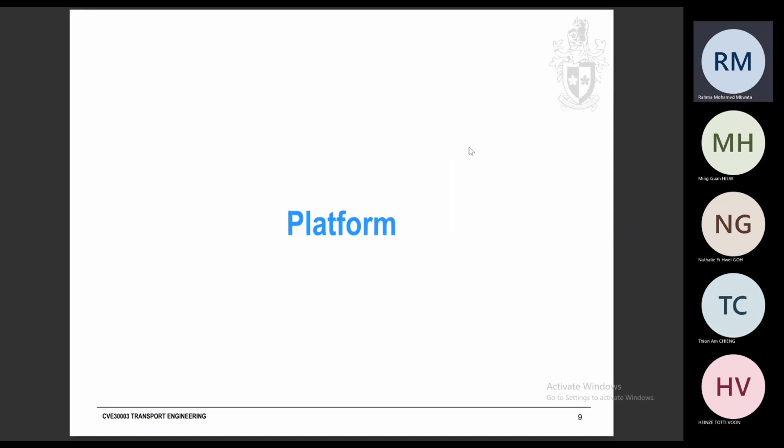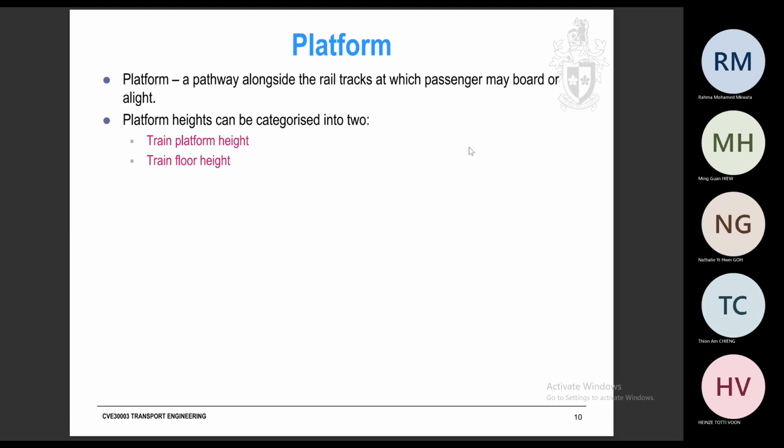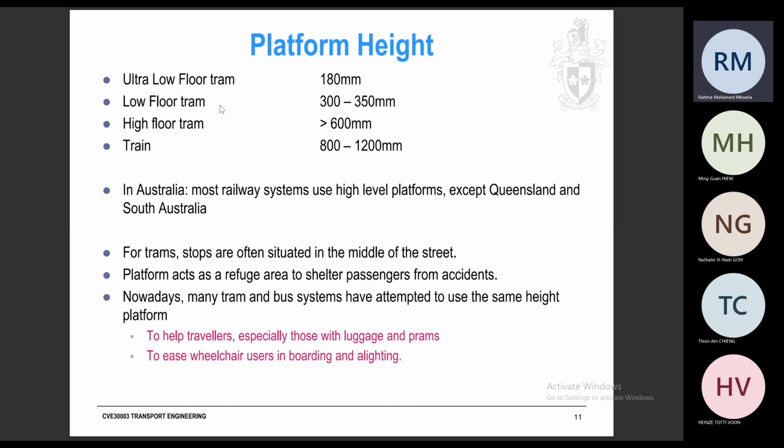Then moving on to platform. So we have 4 types of platform, but different heights of platforms can be categorized into 2. We have train platform height and train floor height. This is also similar with the buses and trams. So for trams, we have ultra low floor tram, low floor tram, high floor tram, and train.